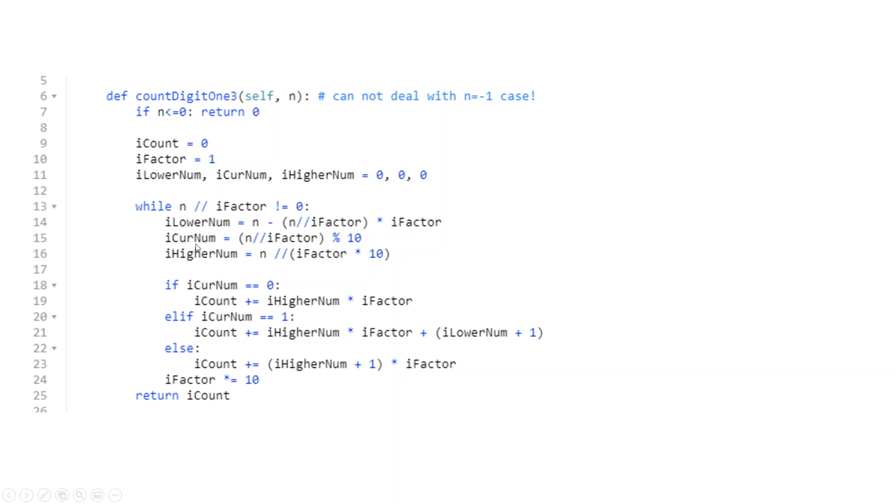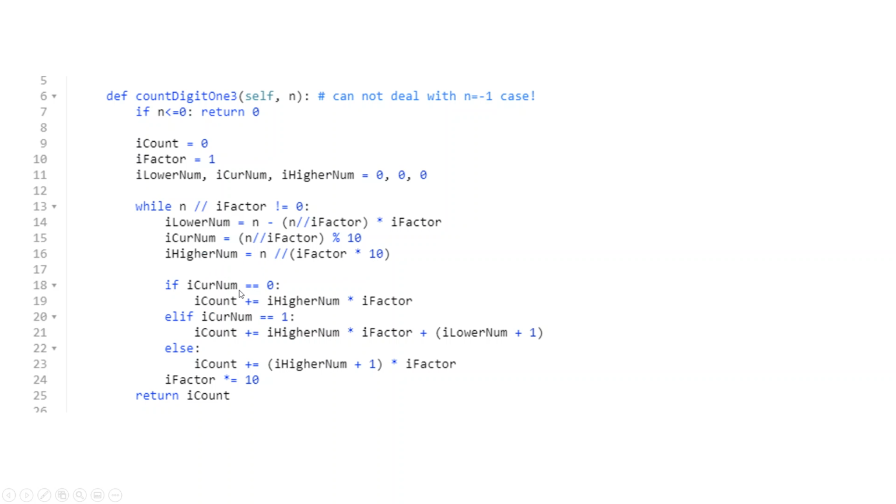The current number is easier: we just divide by the factor and take the mod of 10. The higher number is obtained by dividing by a higher factor. If the current factor is 1, then we divide by 10, and then we get the higher number.